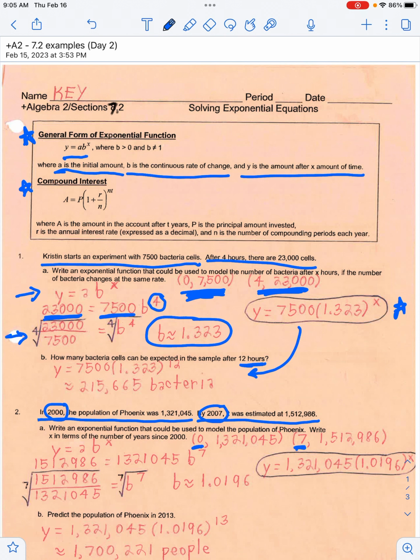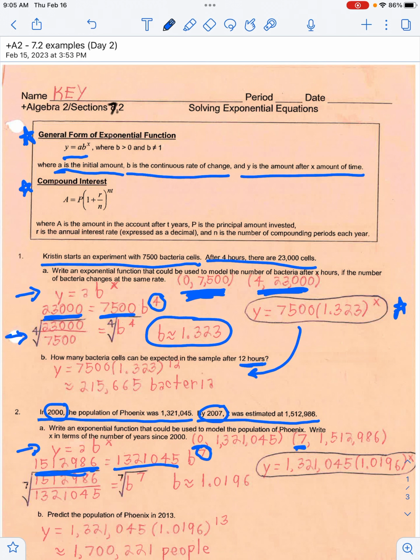The rest of what I do here is like number 1. I start with my generic model. I plug in for A, the initial population, and for Y, the population after 7 years, and then I plug in 7 for the time, which is X.